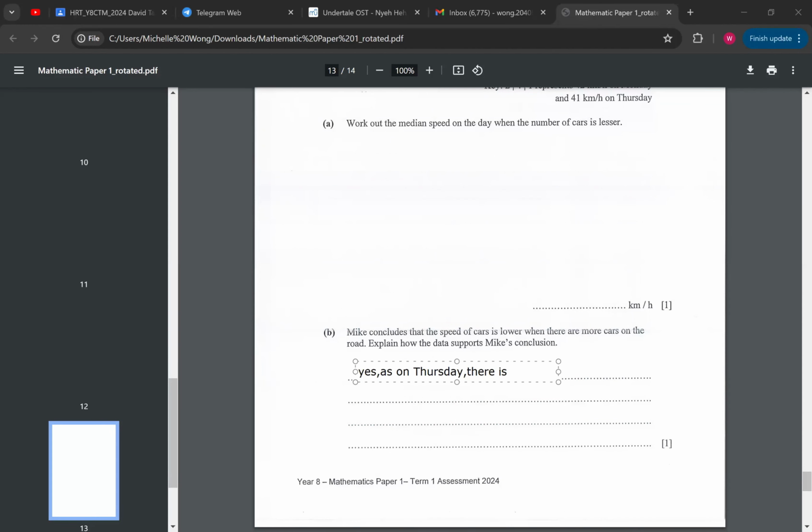There are a lot of cars, but the speed decreased when there are even more cars. That's what led to the conclusion.